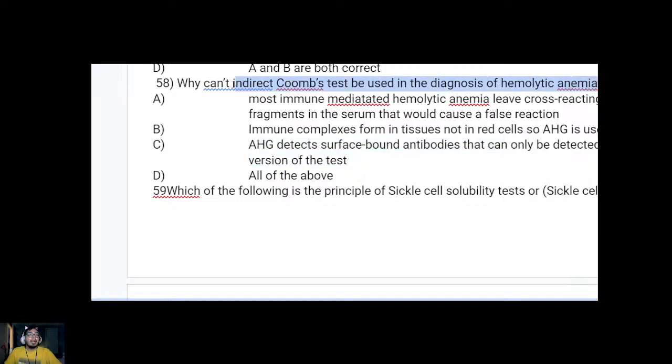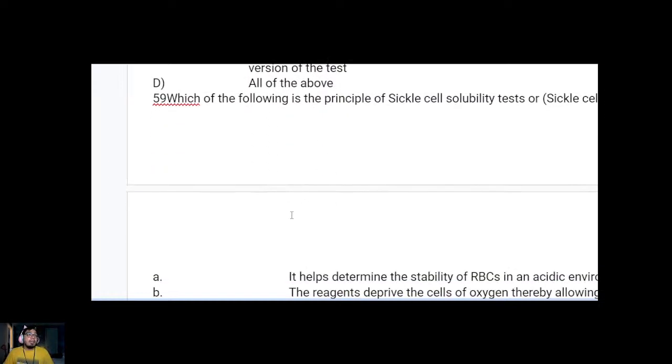Okay? Direct Coombs test. You can't use the indirect one because you're measuring the ones present in the serum. Surface-bound antibodies are the ones that you detect using direct AHG. Therefore, most autoimmune hemolytic anemias are detected with DAT.